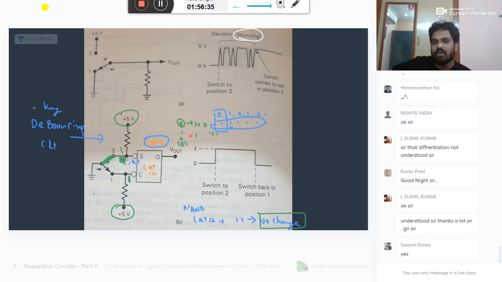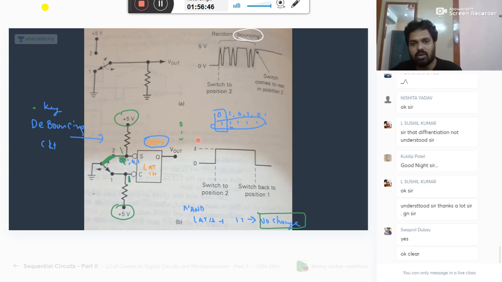It will not change for 1, 1. Is it clear, Swapnil? In the earlier case, for 1, 1, you are getting disturbance in the output because of this kind of circuit. Here, see, if you connect here and the switch is toggling, then your output will also toggle.